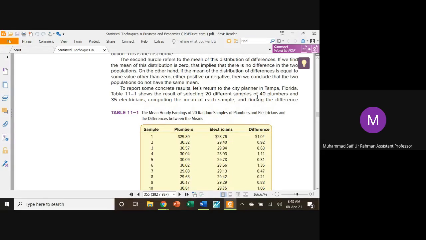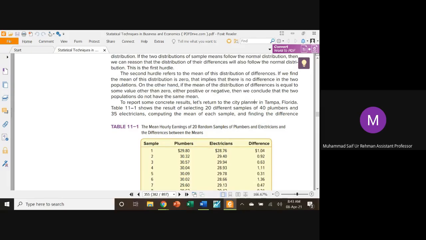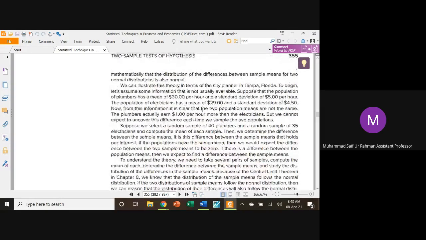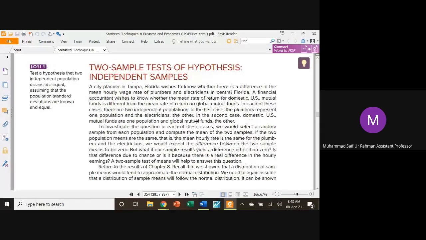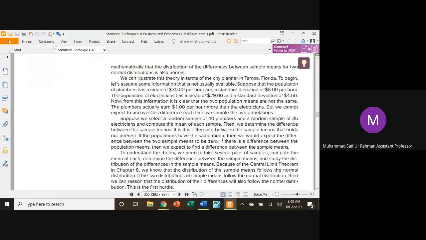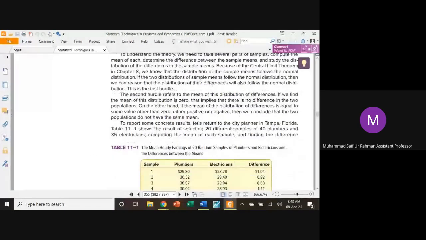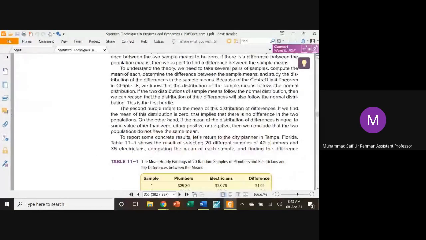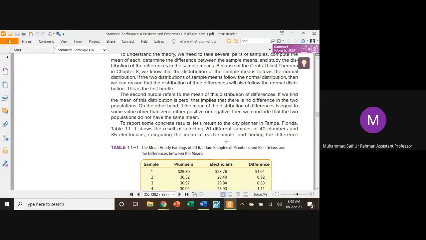In case of plumbers, let's say it would be better if we read this example, then the idea will be further clarified. So this was some example, which shows the result of selecting 20 different samples of 40 plumbers and 35 electricians.